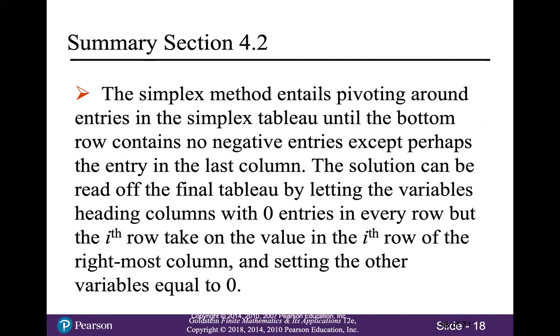The solution can be read off the final tableau by letting the variables heading columns with 0 entries in every row except the ith row take on the value in the ith row of the rightmost column and setting the other variables equal to 0. In other words, just look at those identity matrix columns, match those up with the numbers in the right-hand column. The columns that don't look like an identity matrix, you set those variables equal to 0.